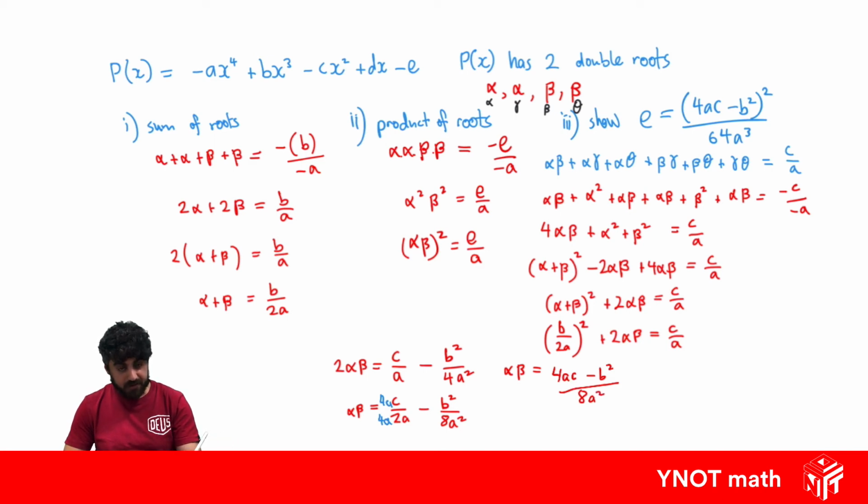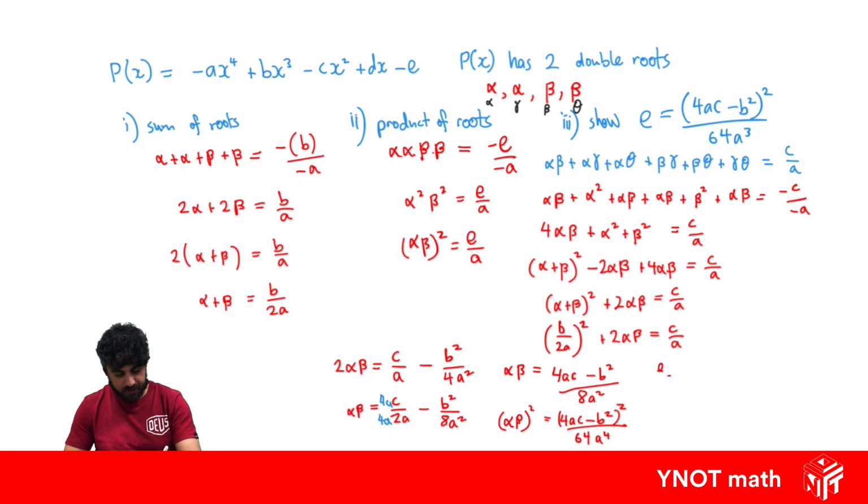Now let's go ahead and square both sides. So we're going to get alpha beta all squared. The reason we're going to do that is because we have an expression for alpha beta all squared. So we can say that equals 4AC minus B squared all squared over, well, 8 squared is 64 and A squared squared is A to the 4. We can go ahead and sub our expression for E over A into alpha beta all squared.